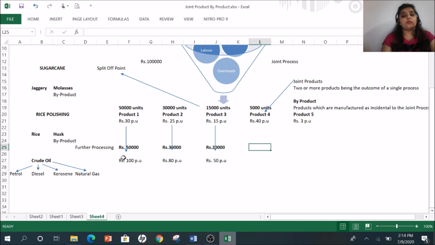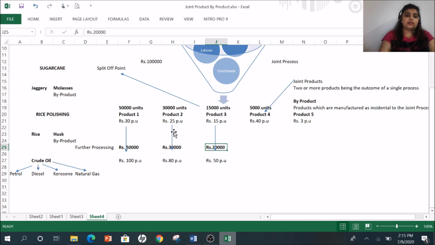The further processing cost for these three units, product A, product B and product C, is given. Why didn't I write for product 4? Product 4, we are assuming that it is finished at the split off point stage only. It doesn't require further processing at all. It is already in its best form. Now, there is a further processing cost of 50,000 which product 1 will bear, no problem. There is a further processing cost of 30,000 for product 2, so product 2 will bear it. 20,000 for product 3, so product 3 will bear it.